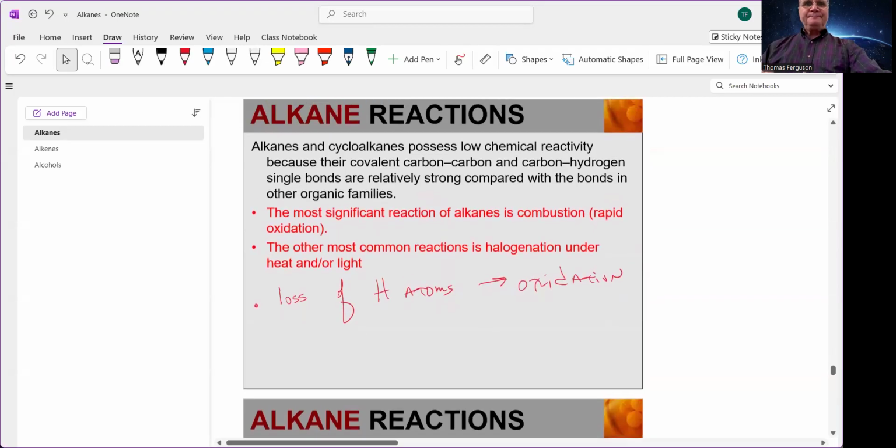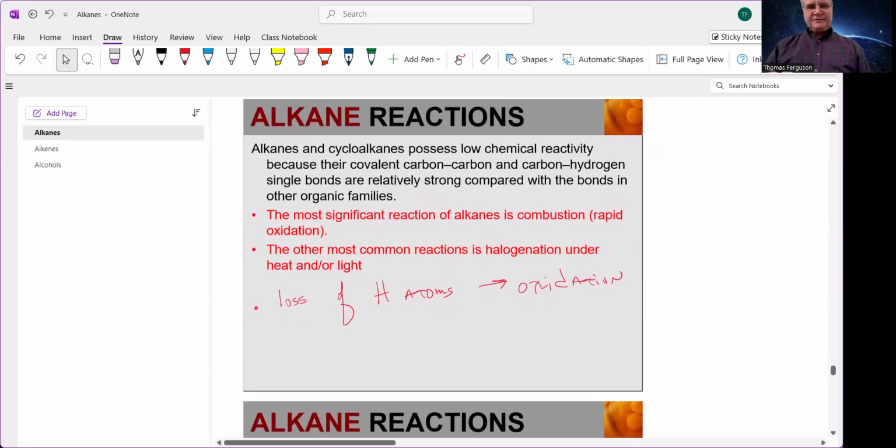Okay, now, we haven't talked about reactions at all yet. The good news on this chapter is there are only two kinds of reactions. Combustion and chlorination. It's two reactions.